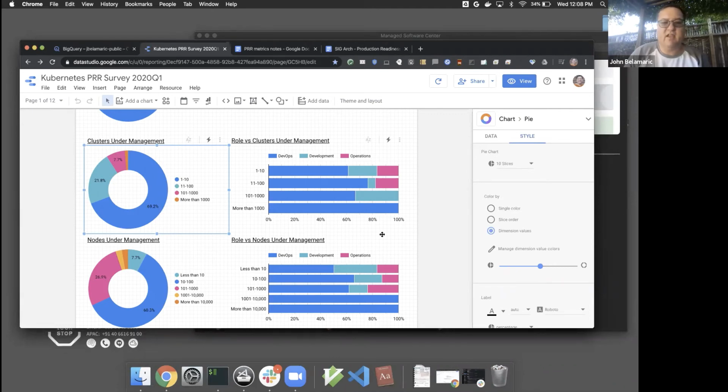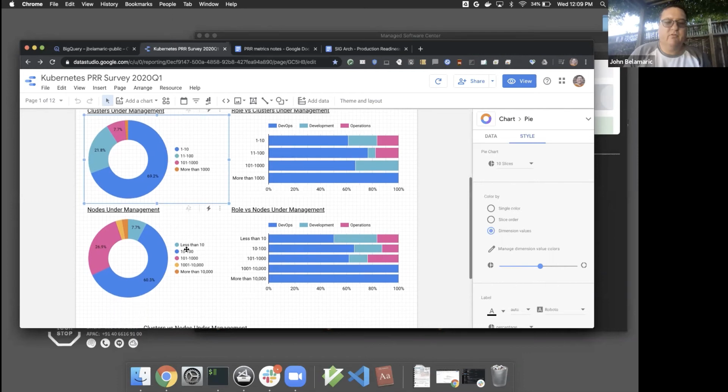So I don't have the numbers in this chart, but since there's 78, you can see that 20% or say 30% of that is what, 24. 24 with more than 10 clusters.